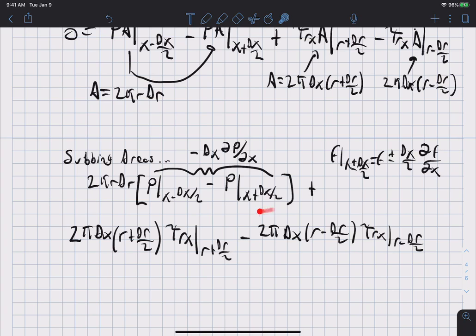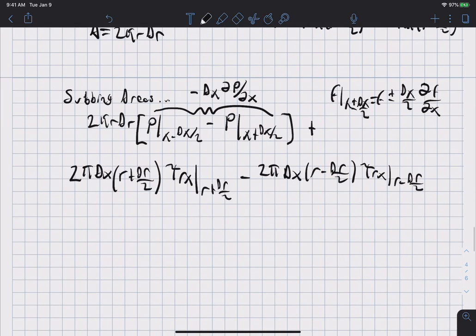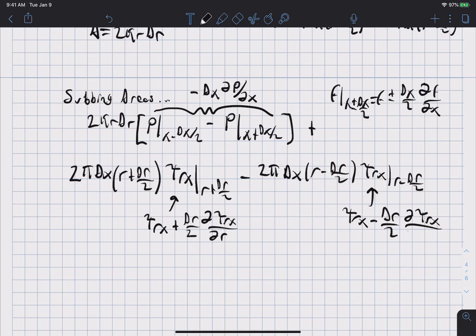So we can't do the nice simplification that we've been doing till now. But nonetheless, I'll just directly substitute the Taylor series as tau rx plus delta r over 2 partial tau rx partial r, and this term becomes tau rx minus delta r over 2 partial tau rx partial r. Okay, and so we substitute that in.